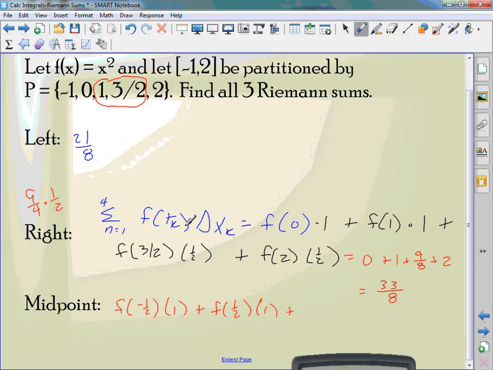Cut it in half, and I get 5/4. And the difference here is a half, plus here's my last grouping.